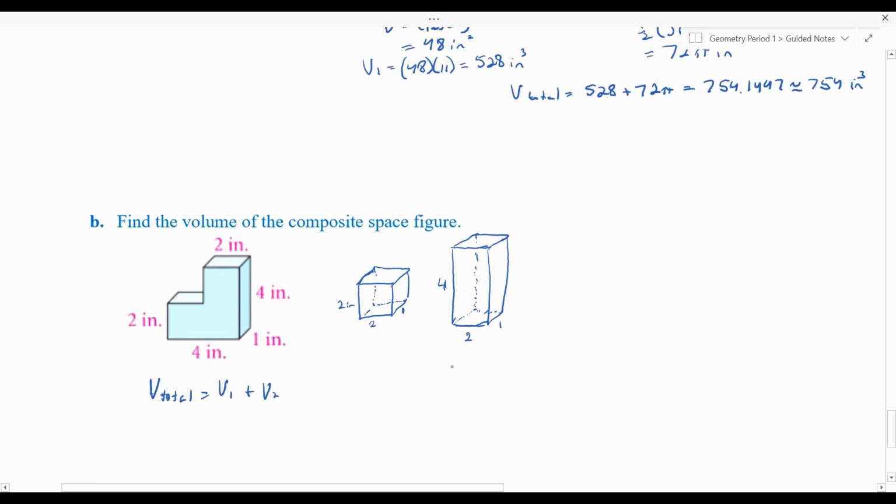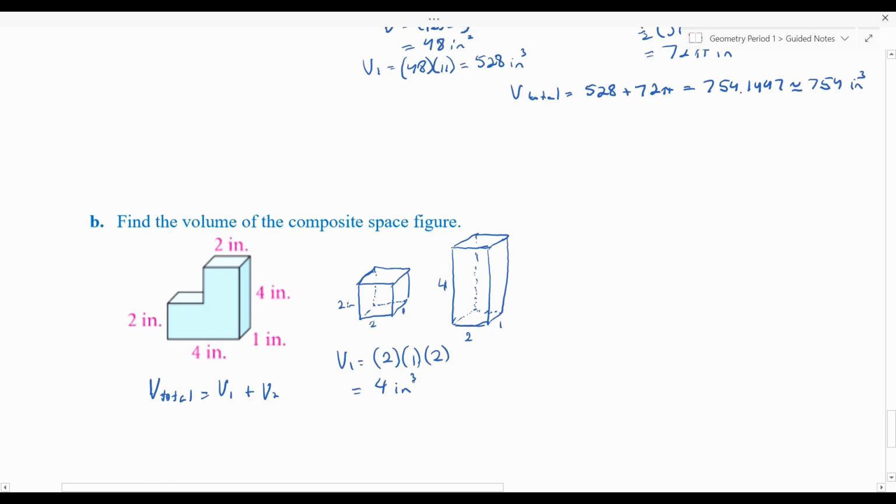Okay, so for our first prism, we have volume 1 equals, I'm going to go straight for the numbers, which is 2 times 1, which is the area of my base here, times the height, which is 2, and that gives me 2 times 1 is 2, times 2 is 4. So this is going to be 4 cubic inches.